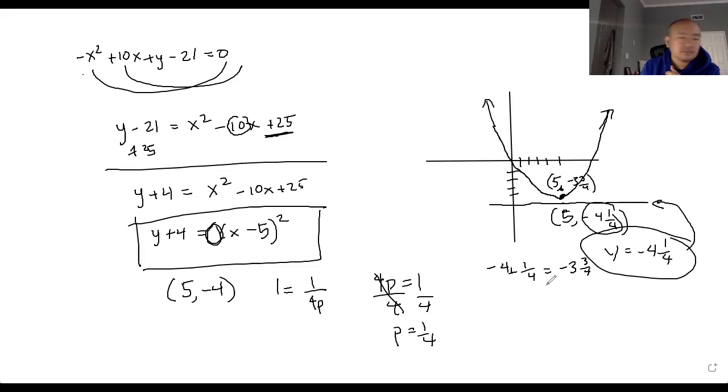Okay, let's do another problem here. We have negative 9x squared plus y squared minus 72x minus 153 equals 0.